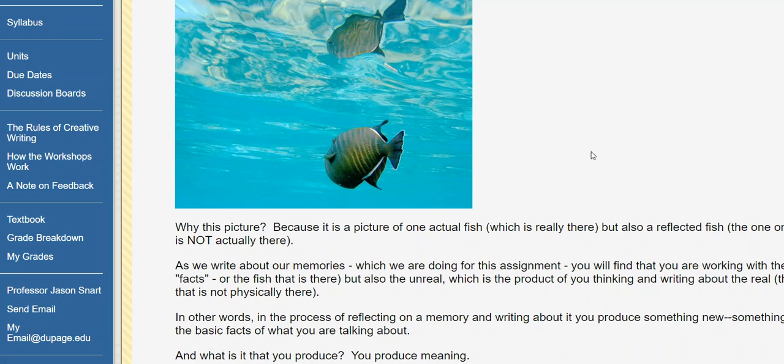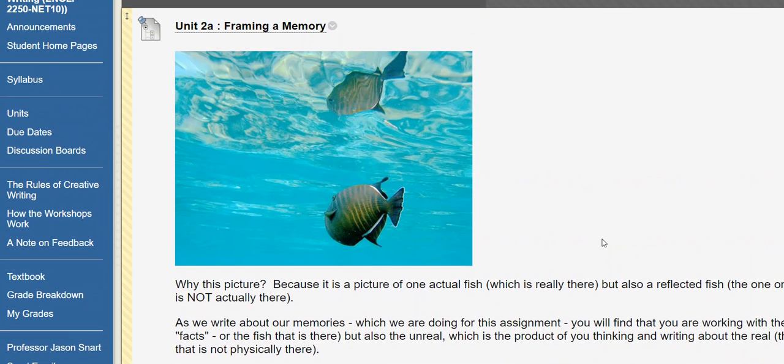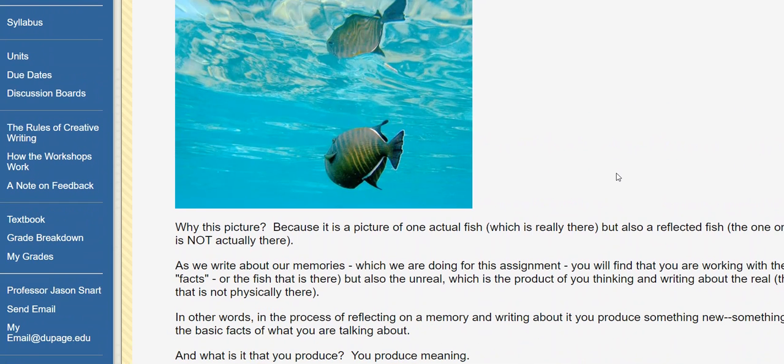So in a strange way, the memory processed through your ability as a creative writer is, for our purposes here, more important, more real, you might say, than the physically real fish or the physically real events of whatever you want to talk about.